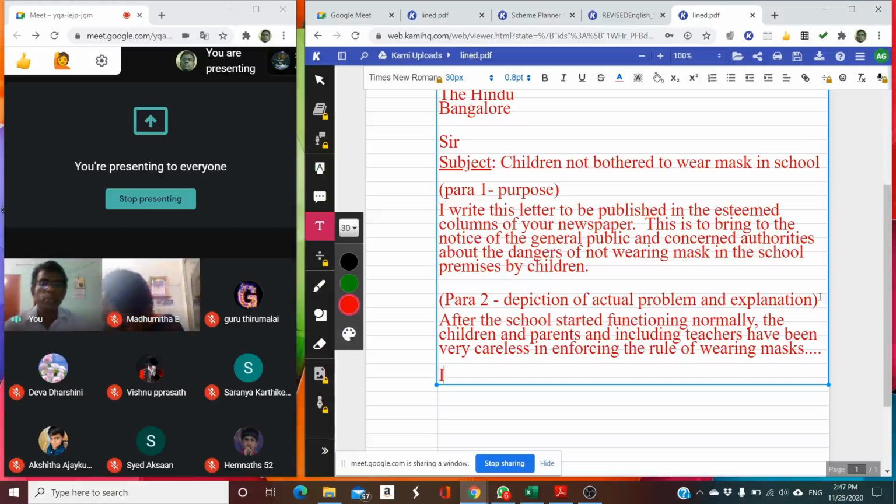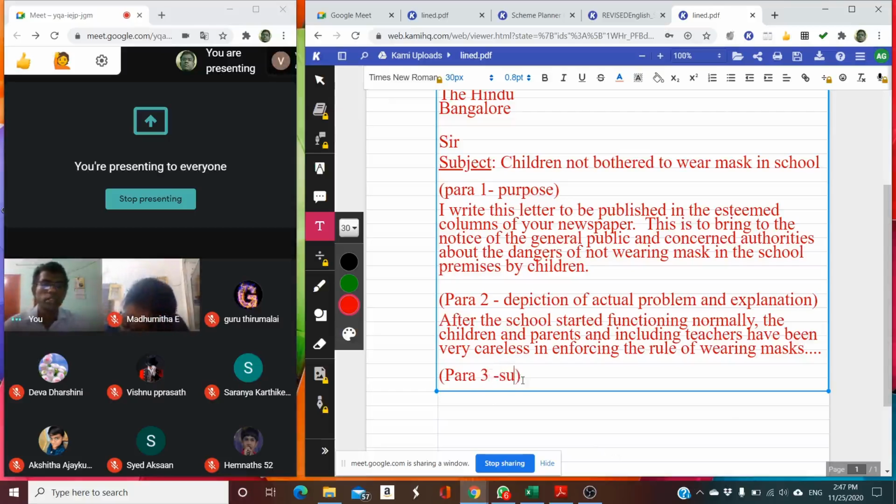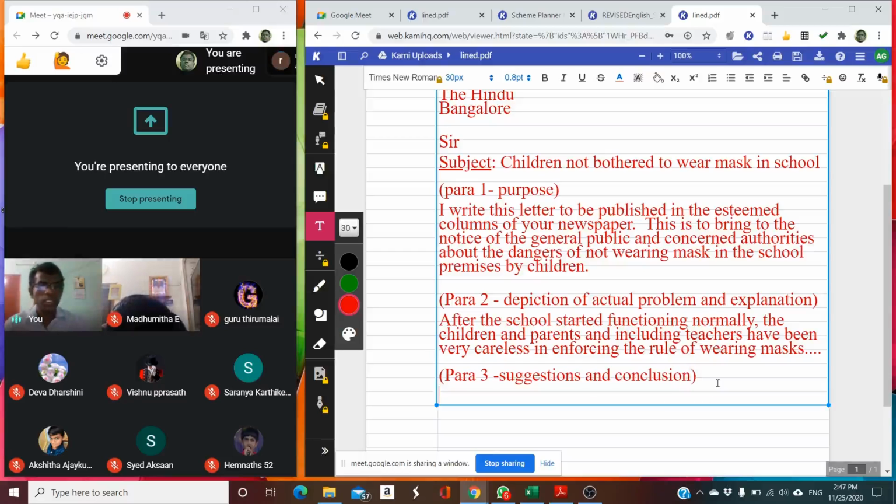Then you go to paragraph number 3. In paragraph number 3, you are going to write the suggestions and conclusion. So what can be the suggestion? I shall write 1 or 2 suggestions.